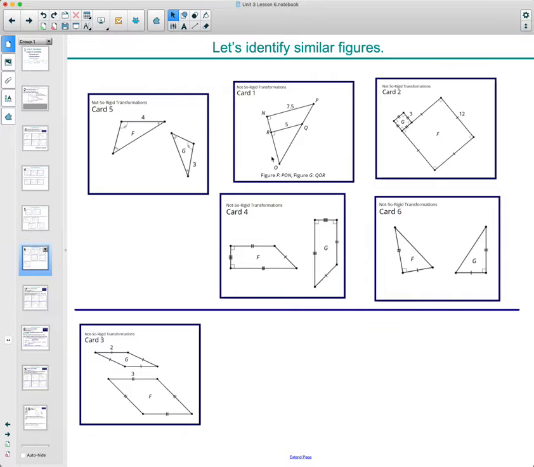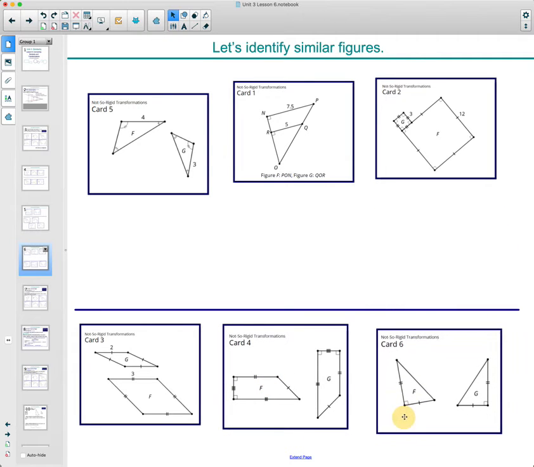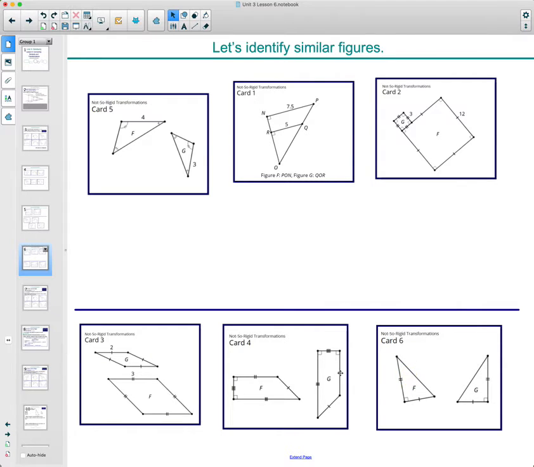Maybe you looked at dilations versus not dilations. And maybe you even considered these 2 not dilations since they're congruent, so they didn't actually change size. They do have a scale factor of 1, so they technically could be a dilation of each other, or they're similar, I guess. They didn't actually change shape or size.